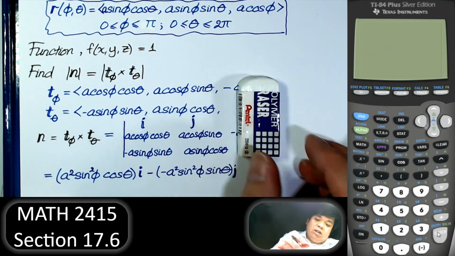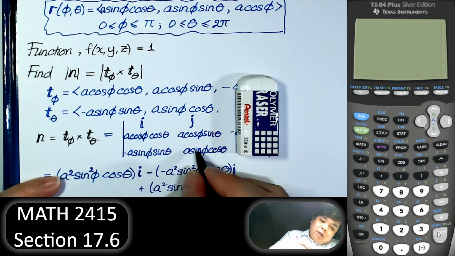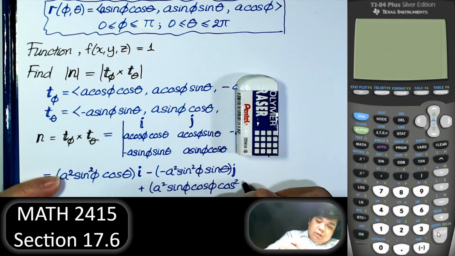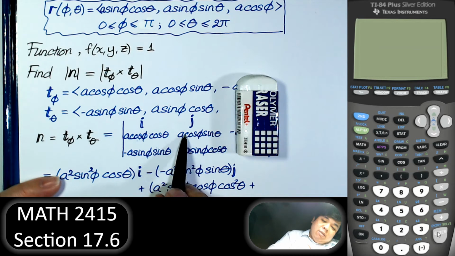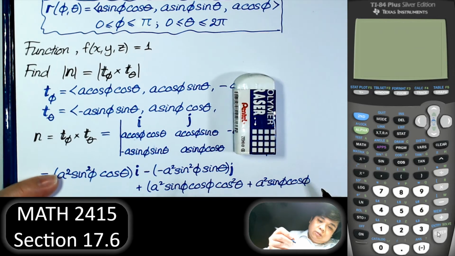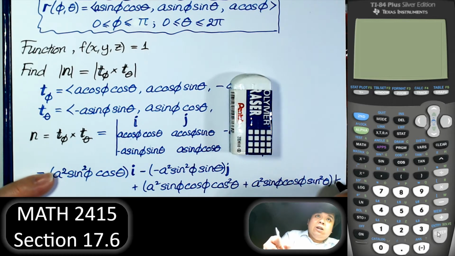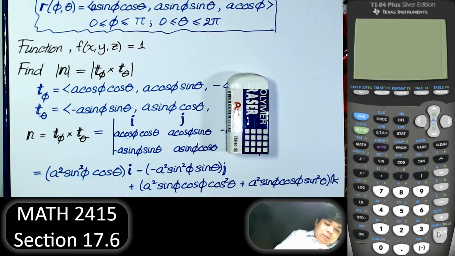In the K direction, it is a bit complicated, so I will start a new line. So multiply that, a square sine cosine and cosine theta square, and then minus a negative, so that is plus a square sine cosine sine square. K component. Right.